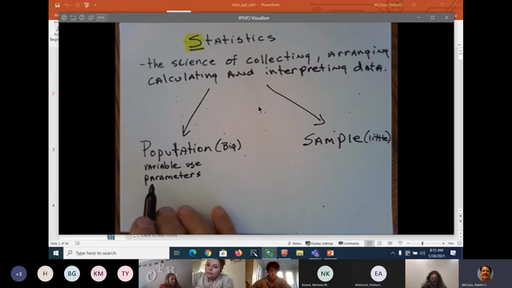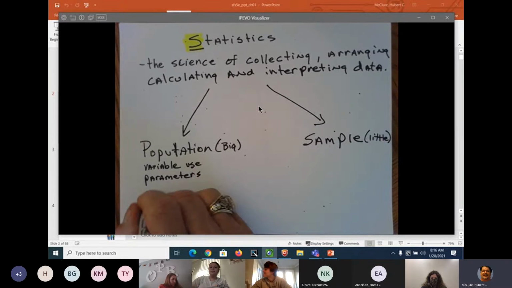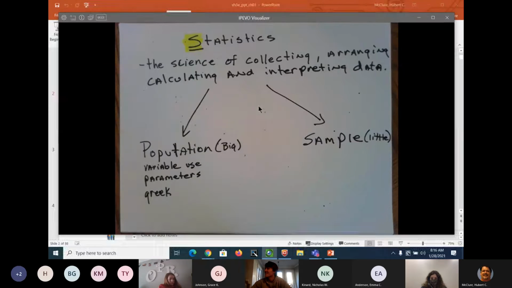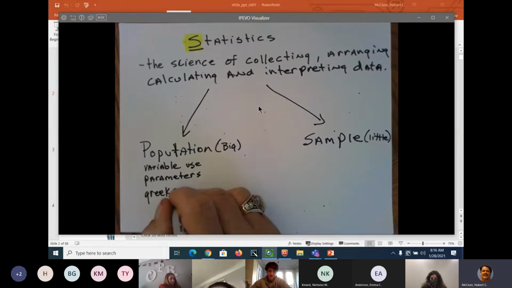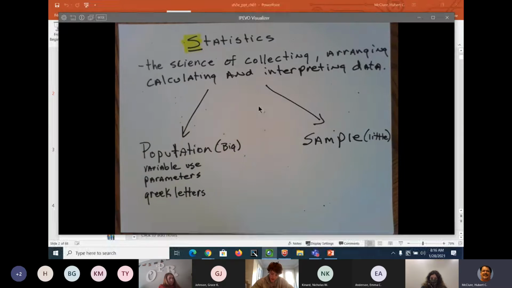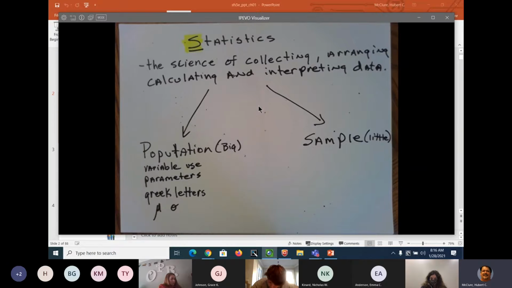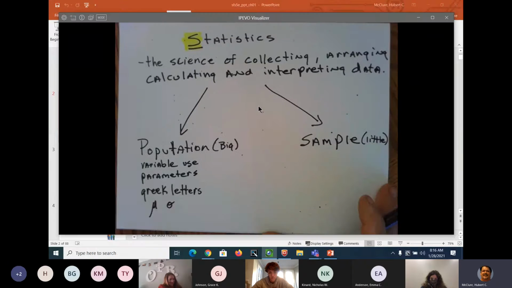And parameters are usually in population calculations Greek letters. A couple of examples are mu and sigma. Mu looks like an M with a long tail on it. And sigma, lowercase sigma, is an O with a pompadour on top.